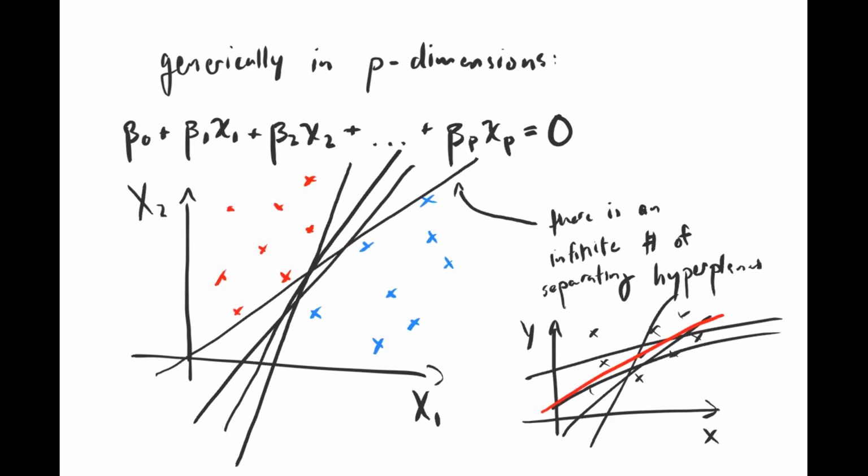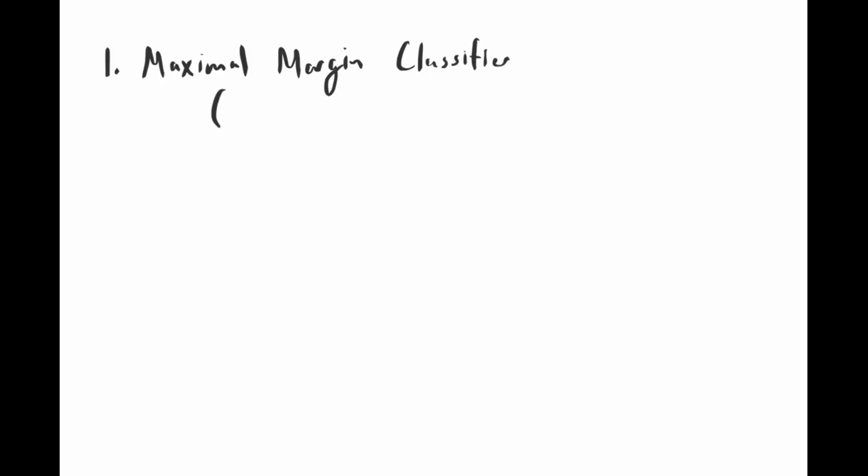And so the technique that we're building up to, the support vector machine, starts with what is known as a maximal margin classifier. This is also called the optimal separating hyperplane.